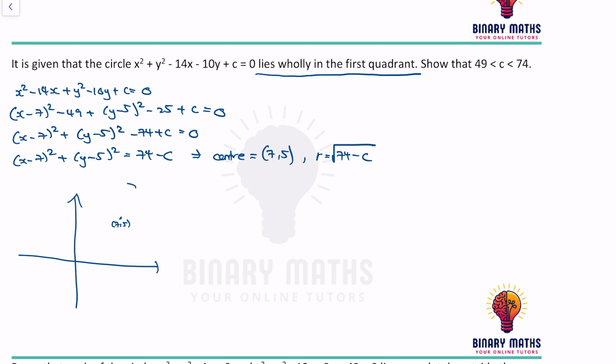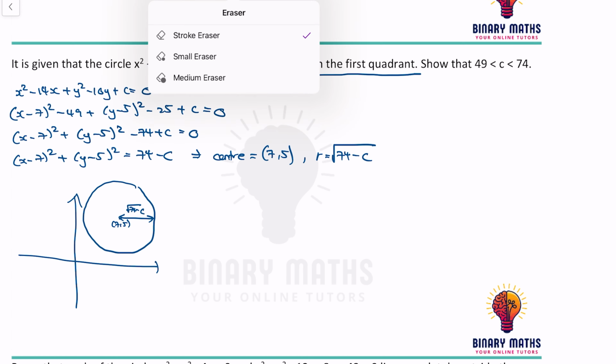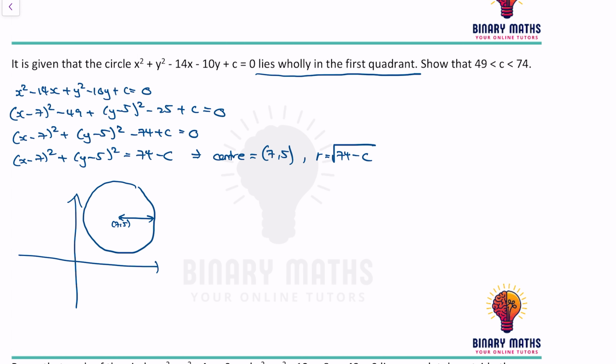Because it wholly lies here, it does not touch the x-axis or the y-axis. And I know this is the radius, which is root of 74 − c, or let's just label it as r. What we do know is, first of all, because it's a circle, the radius must be greater than 0, which means root of 74 − c must be greater than 0.